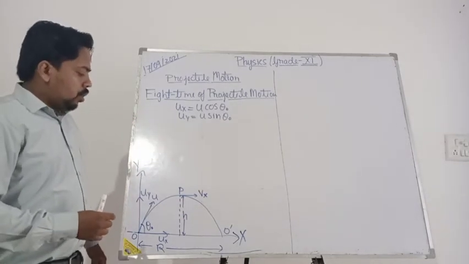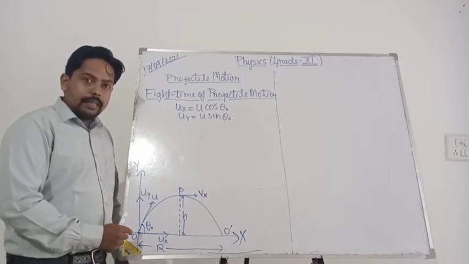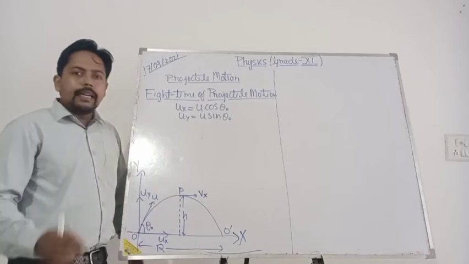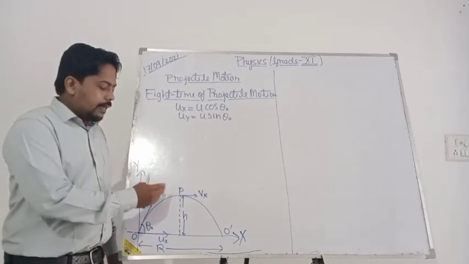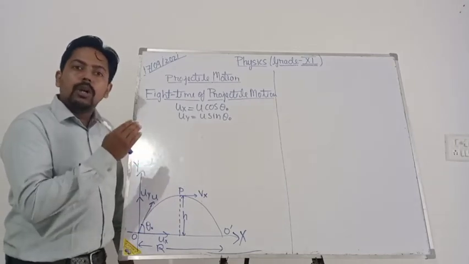First we are required to calculate the time the particle takes to reach from O to P. Let us assume this time is small t.